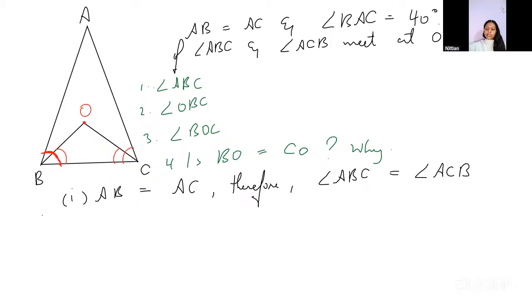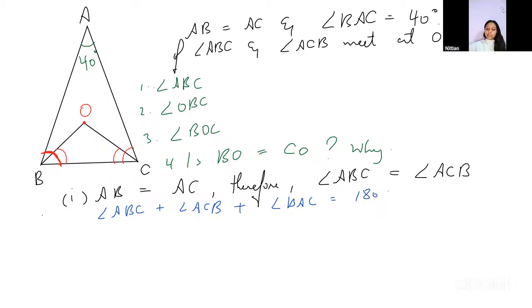Now I know that angle BAC is 40 degrees. So what I can do is write angle ABC plus angle ACB plus angle BAC is equal to 180 degrees.